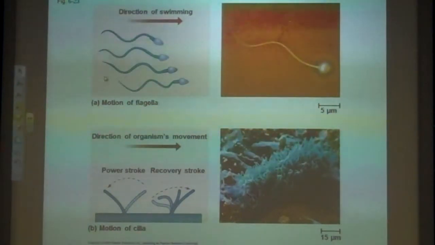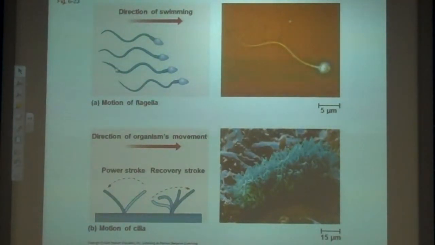Other differences between flagella and cilia. Cilia you typically have a bunch of, whereas flagella you'll only have 1 or 2. Flagella tend to be much longer, cilia are much shorter. Flagella beat side to side to propel you forward. And then in this one, these beat the opposite direction.